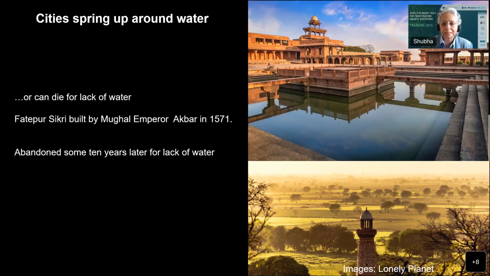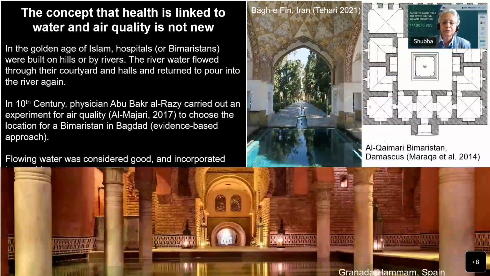efficiently and intelligently. But water is essential for our life, for our survival, but water quality is also related to health. And this idea that water and air quality is related to human health is not a new one.